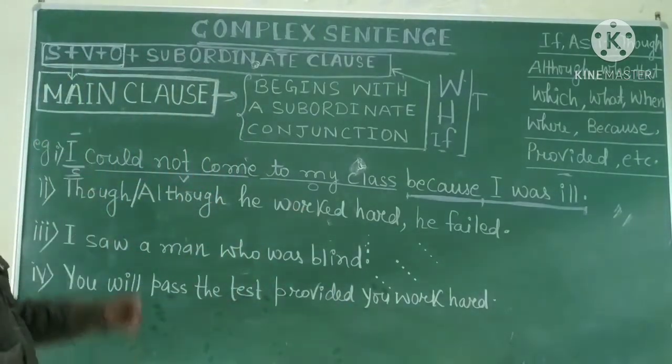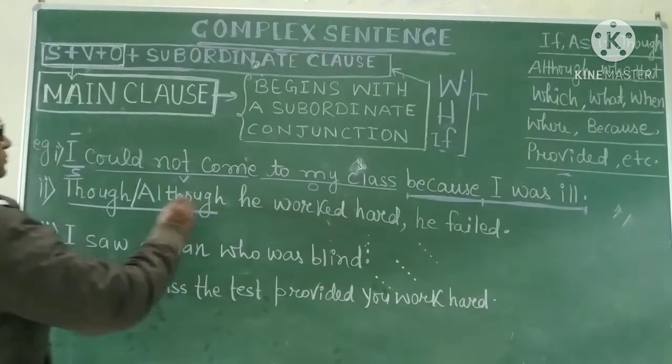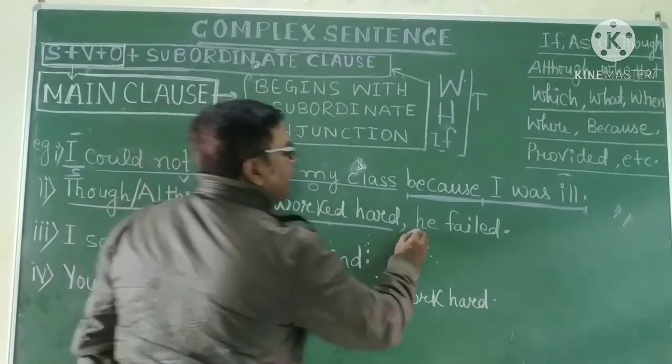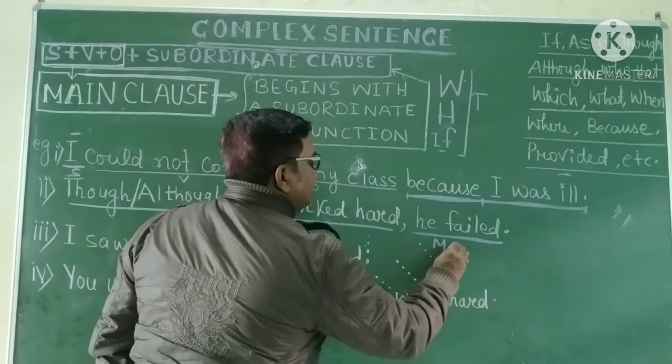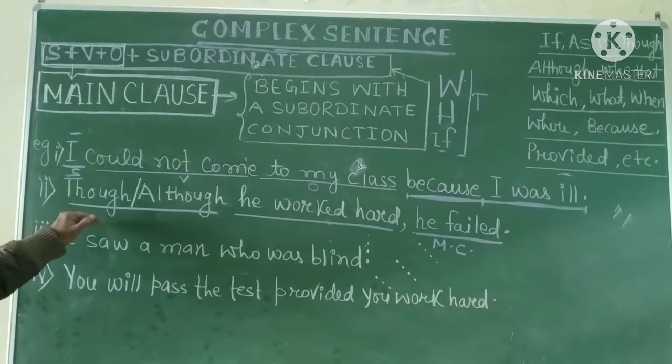Now come to example number 2. Though, although he worked hard, he failed. So he failed is your main clause. And here we are having what? A subordinate clause.